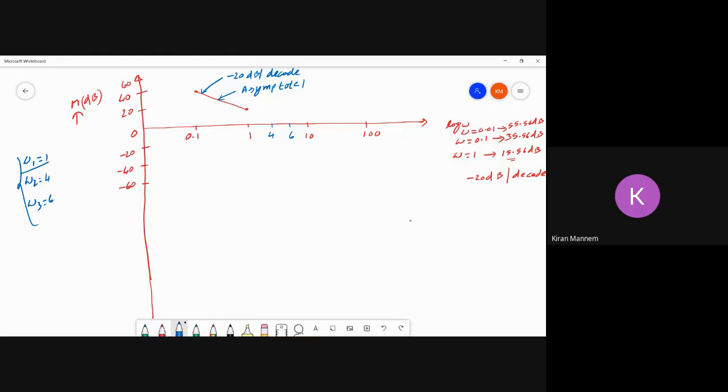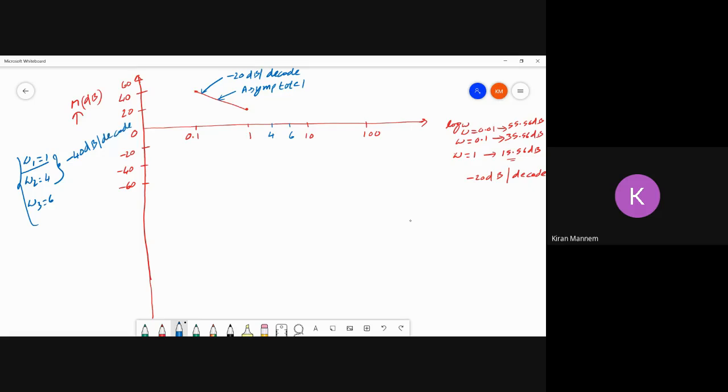So earlier it was 0 dB only, but after omega greater than omega 1 equal to 1, it is a minus 20 dB per decade. So we should add minus 20 dB to the previous slope, that is minus 40 dB. So from the first corner frequency to the next corner frequency, the straight line will be minus 40 dB per decade.